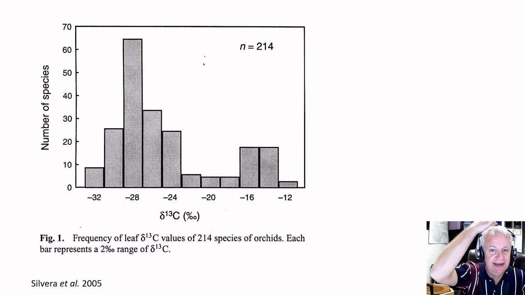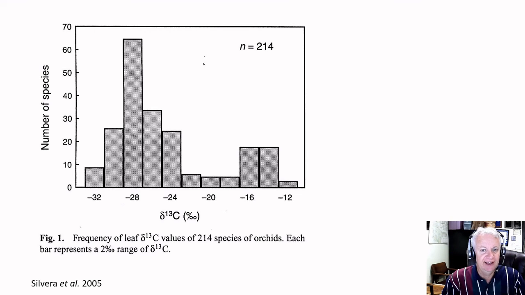This graph shows some data of a survey of a couple hundred species of orchids by Katja Silveira with the Smithsonian Tropical Research Institute. Katja was doing this work because she was interested in understanding the photosynthetic pathways used by different kinds of orchids. Orchids are super diverse.